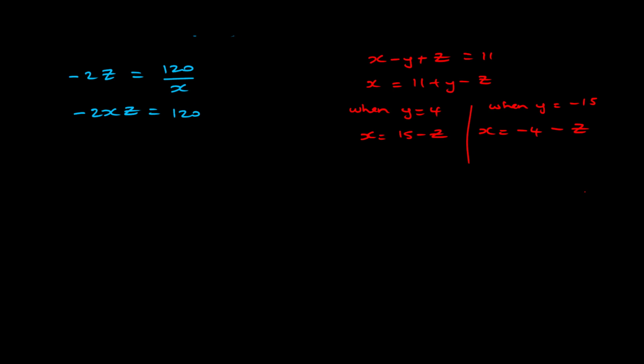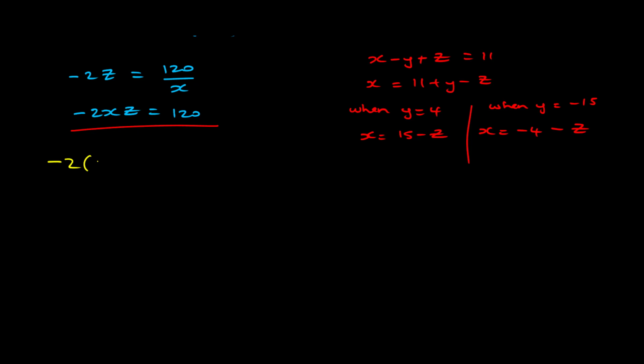Now, based on this equation that we have, we would use a direct substitution for x to find the value of z. So let's use when x is equal to 15 minus z. This could actually have been simplified, however, it won't really matter.